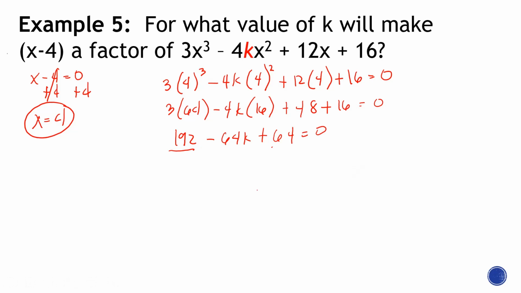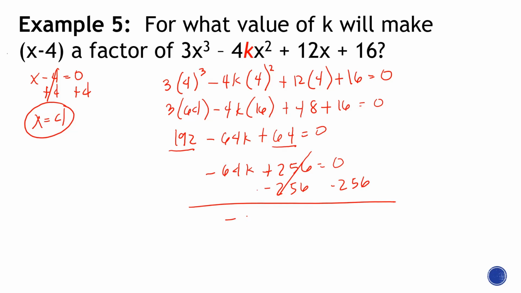Then we can add this, that's 192 plus 64. That's 256. Then subtract 256 on both sides. This is going to be negative 64k equals negative 256.